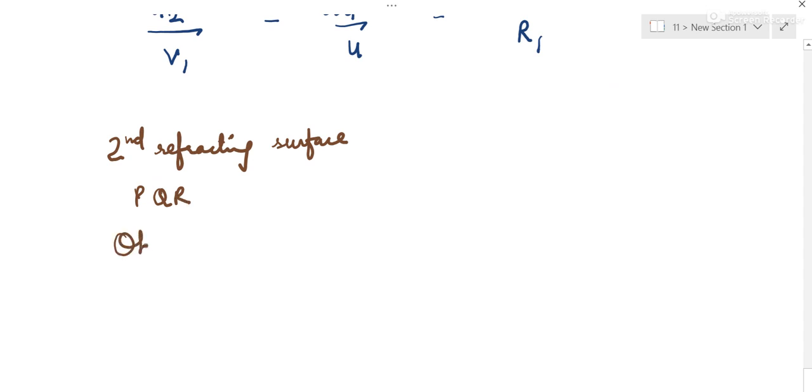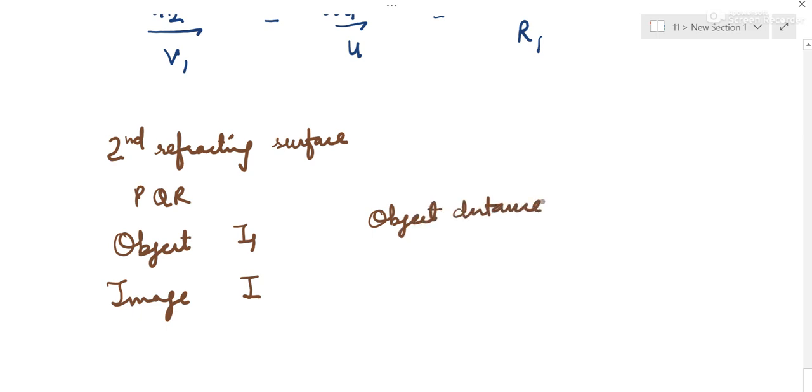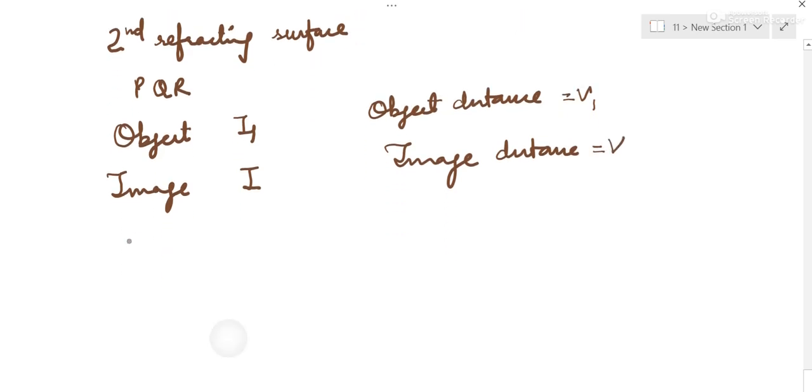The object is I1, the image is I. Object distance is v1, and the final image distance is v. The case is refraction from denser to rarer: you are going from glass to air.